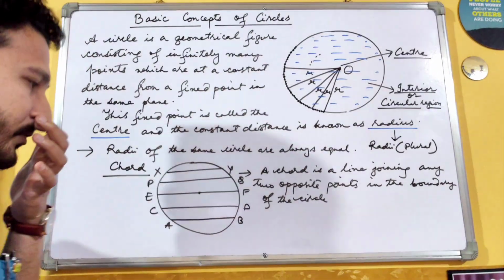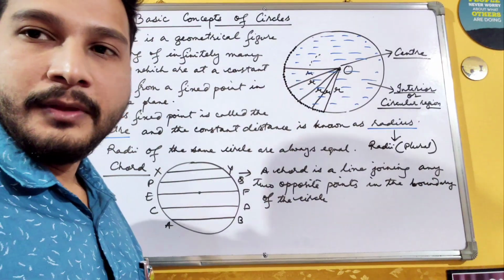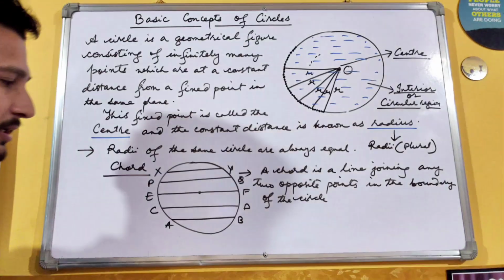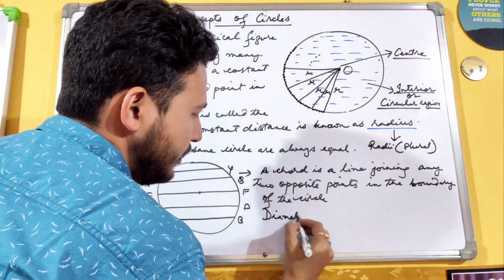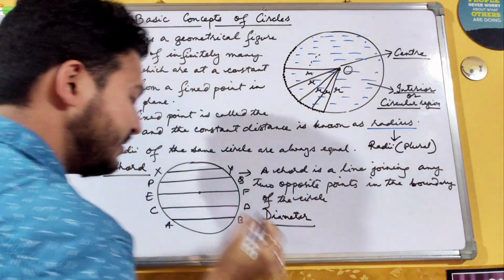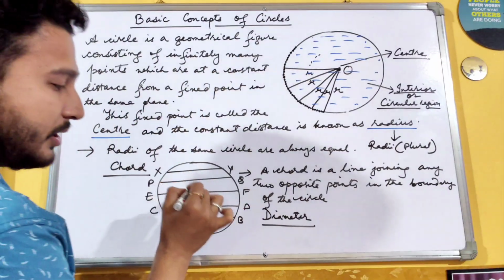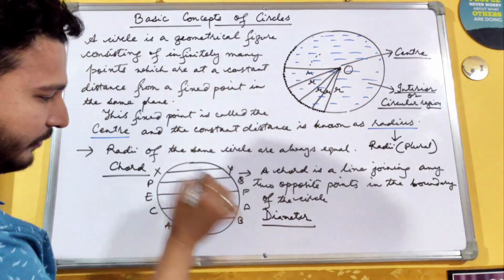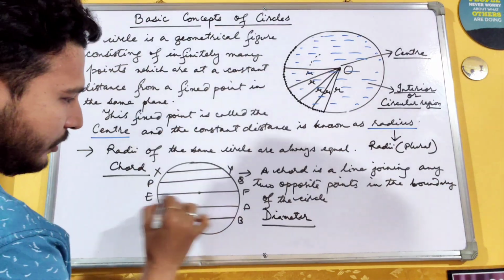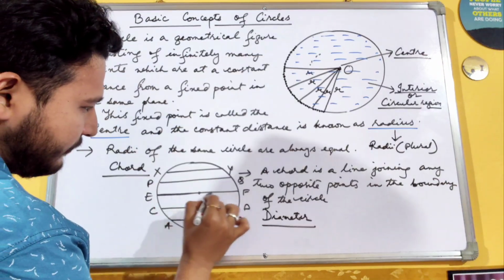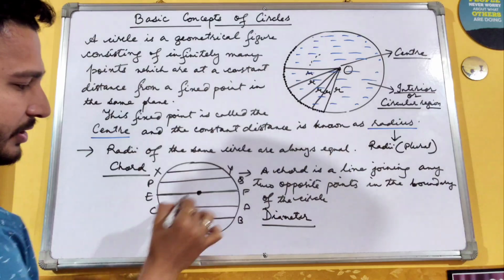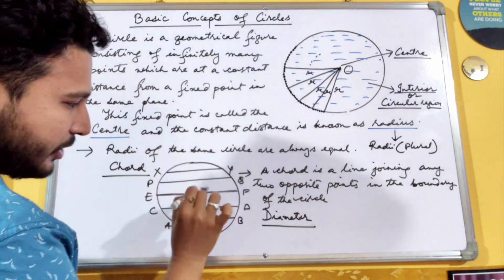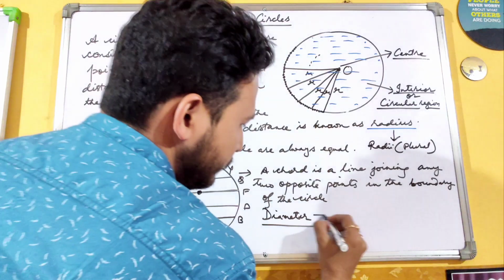Now, there's one special chord in the circle. We call this the diameter. It's a special chord, the longest chord. From the figure we can see that the chord EF, which passes through the center, is the longest chord.